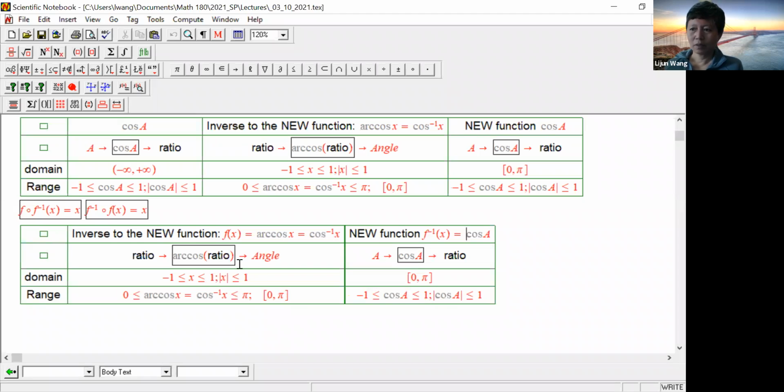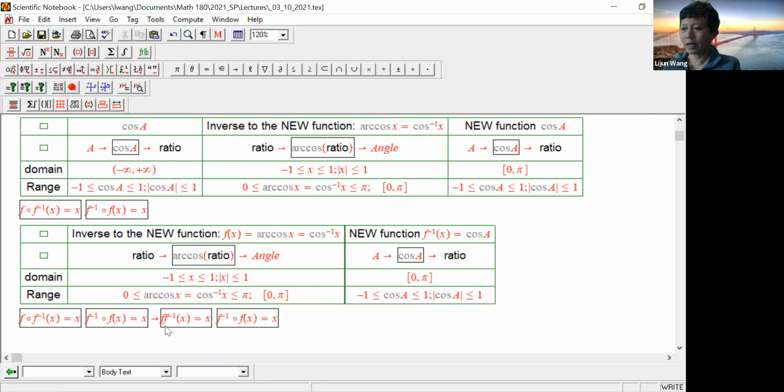You guys see that? These two functions are inverse to each other. When we apply this property, of course it applies. And this property turns into that property, right? We just apply the composite function.